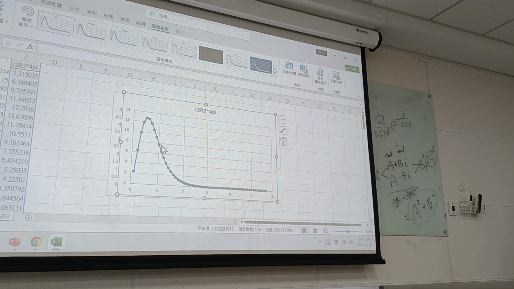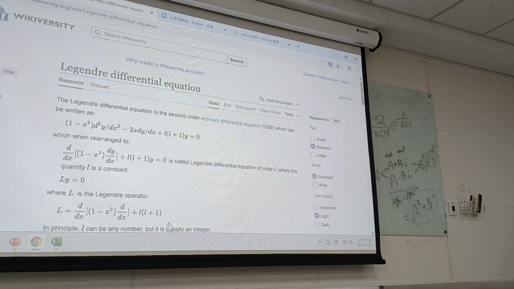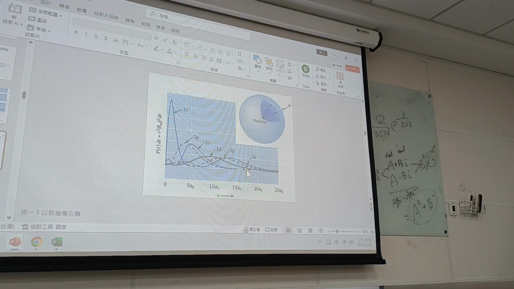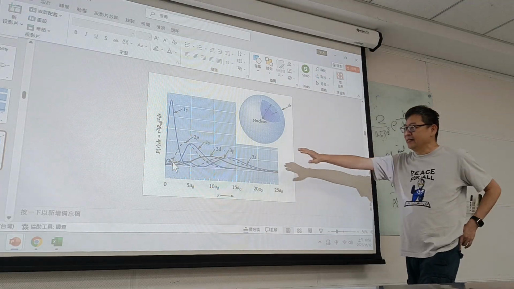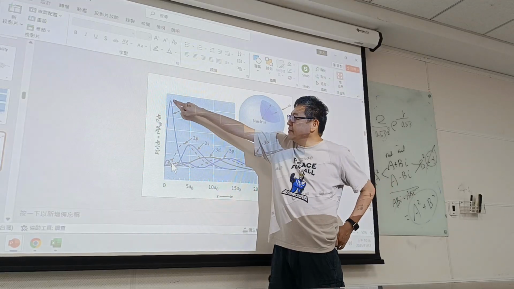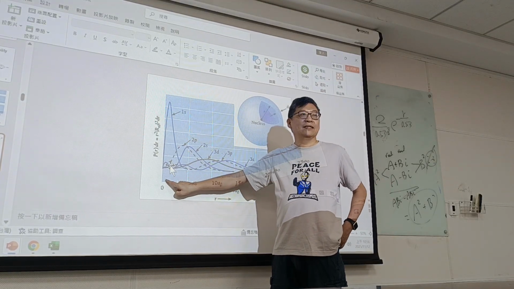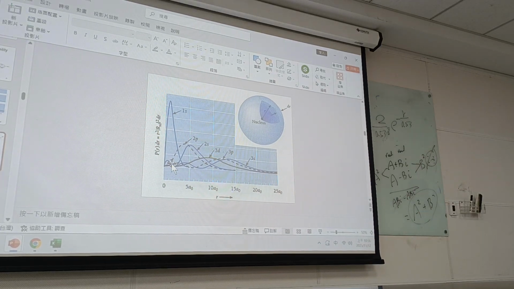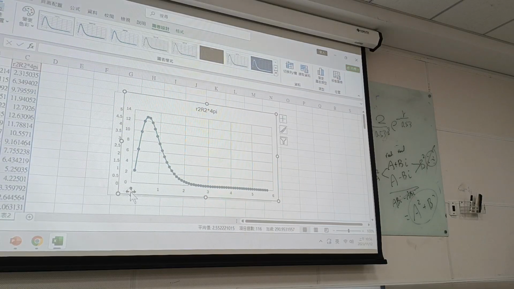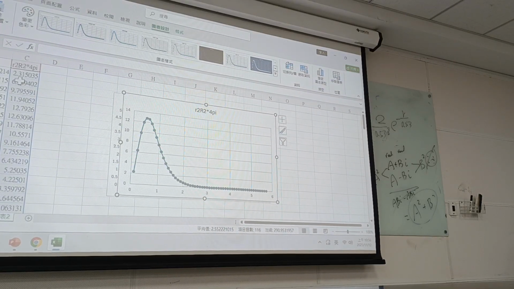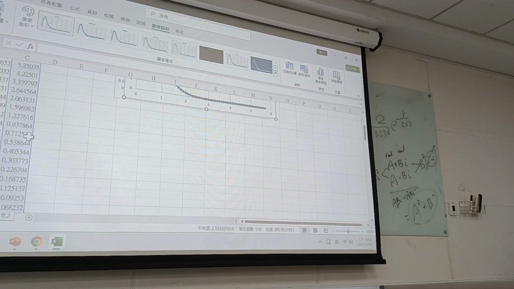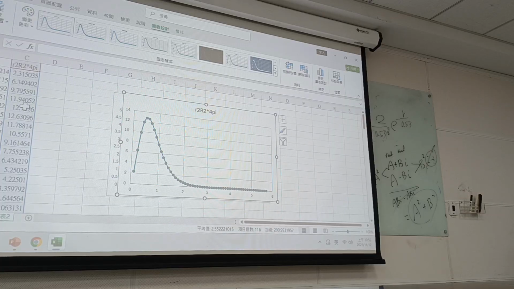Okay, so can we get this? Alright, so this figure is just like this figure, right? The maximum is at a naught. What is a naught? A naught is 0.53 angstrom. So where is the maximum? The maximum is in here, 0.5, right?